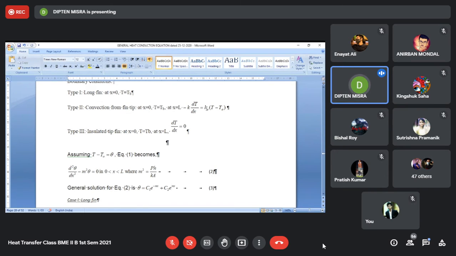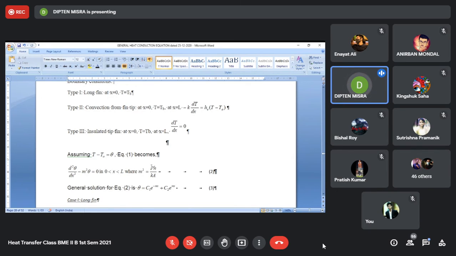So why you have taken a different value of h is because what you will do subsequently is that whatever thing we develop in that, if we put h equal to 0, then it will represent an adiabatic field or a field where the tip is insulated. That is why we have taken this value h different from the rest of the value of h.